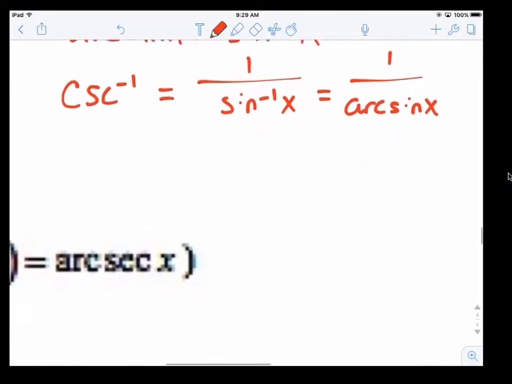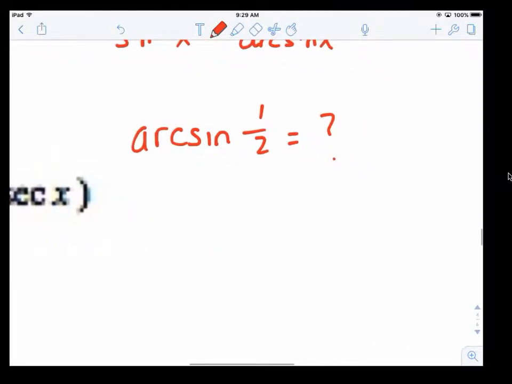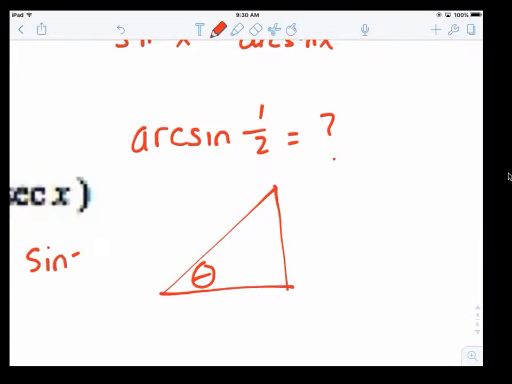All right, so if I were to ask you, what's the arcsine of 1/2? Where does sine equal 1/2 on the unit circle? What's the usual ratio for sine if you're talking about a triangle?